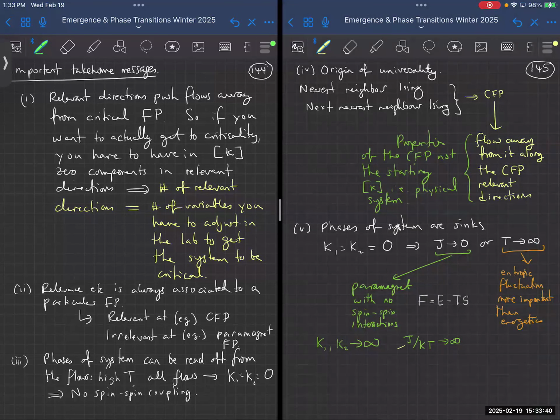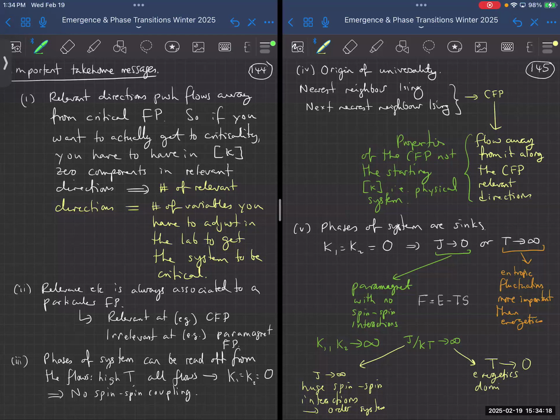One way is that J is going to infinity, and so I have huge spin interactions, and that tends to order the system. Or another way of saying it is that T is going to 0, and so the energetics dominate over the entropic fluctuations.